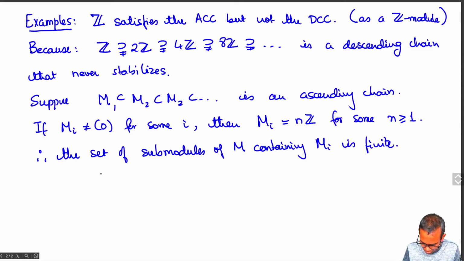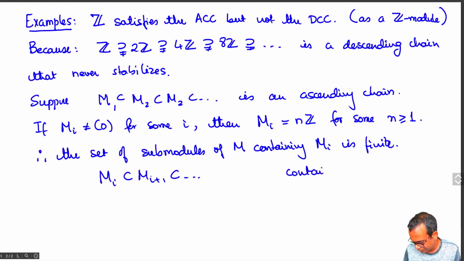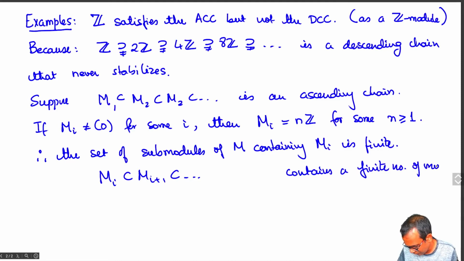Therefore, when you look at the modules Mi plus 1 onwards, only a finite number of modules occur in this sequence. And so, in fact, even if you take this starting from M1, the entire sequence, only a finite number of modules appear in it.